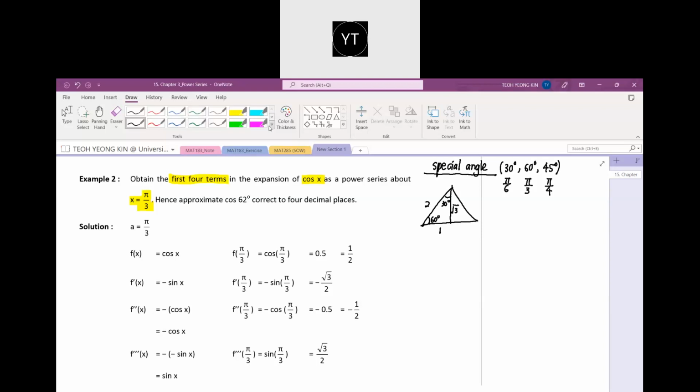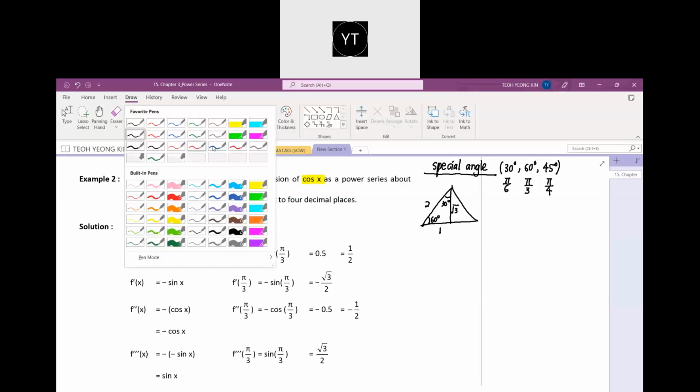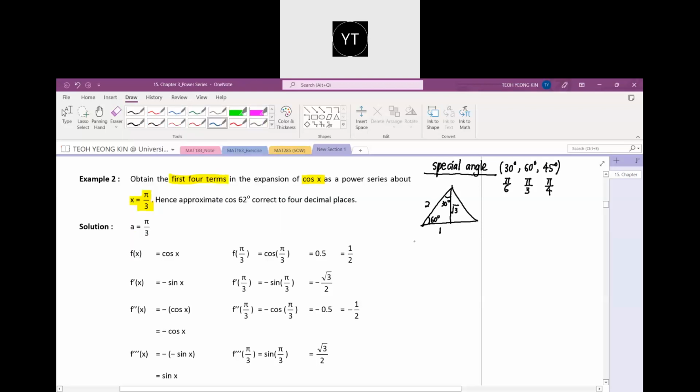So let's say we look at the first one. Start with 30 degrees. Sine 30 or sine pi over 6 is equal to, sine is opposite over hypotenuse, so it's 1 over 2.